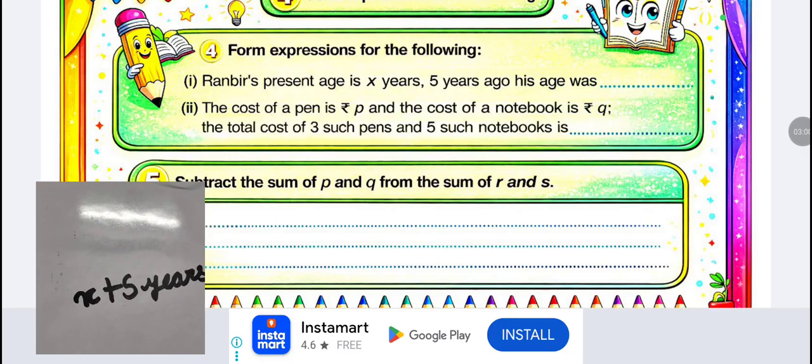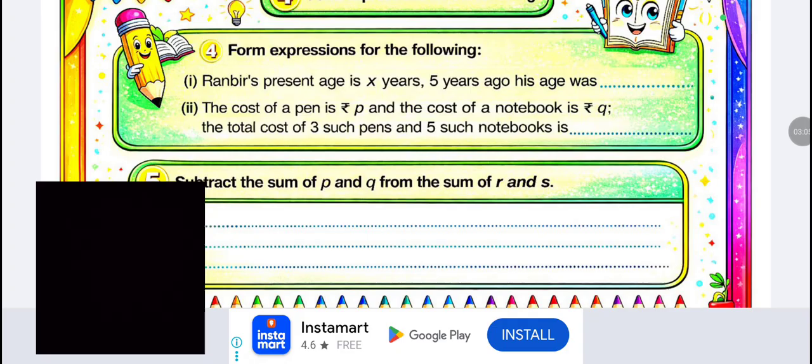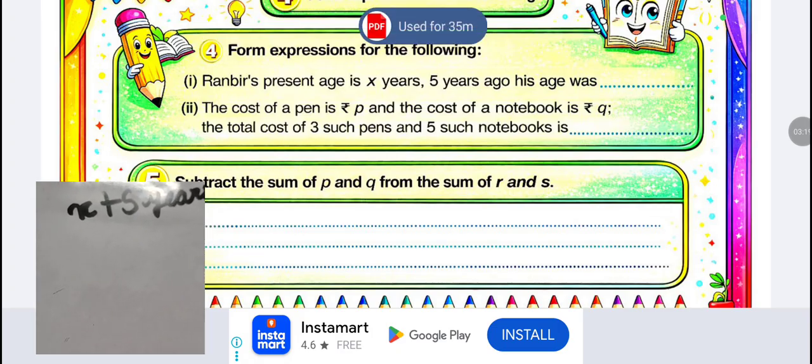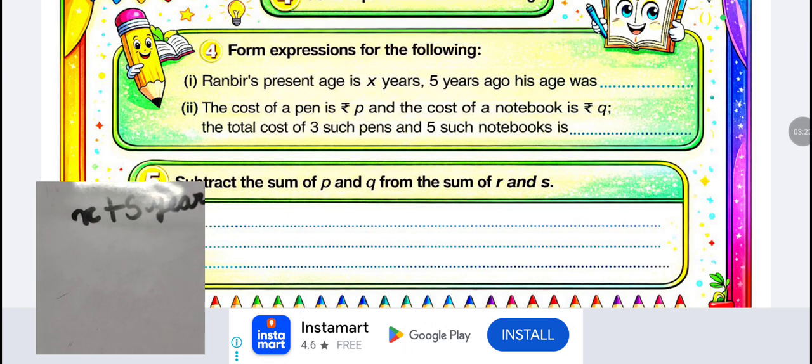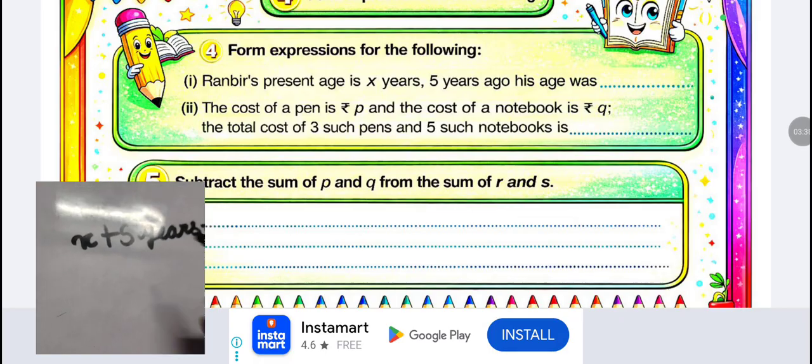Now the second one. Okay, I have closed my marker. Firstly I will open that. The cost of a pen is rupees P and the cost of a notebook is rupees Q. The total cost of 3 such pens and 5 such notebooks is... Let's begin.